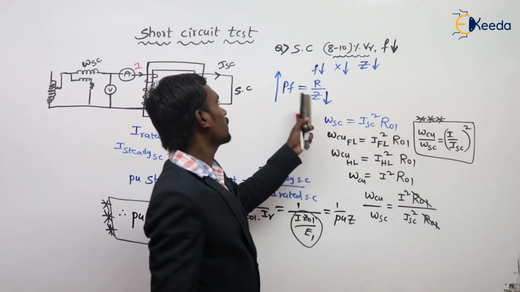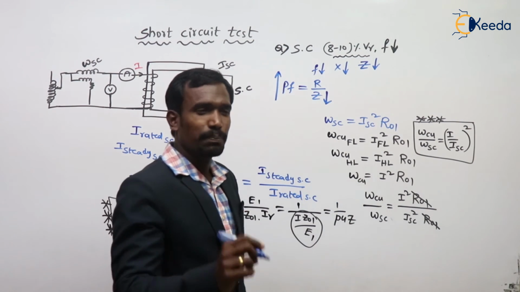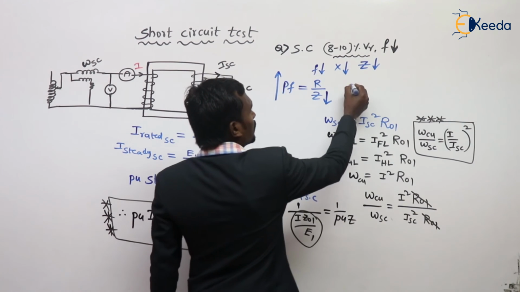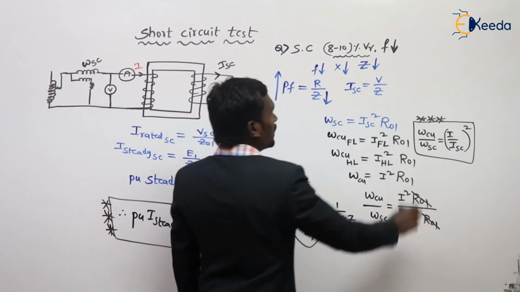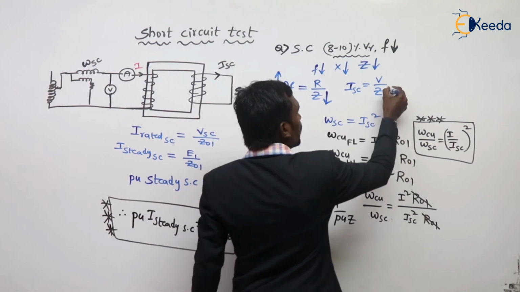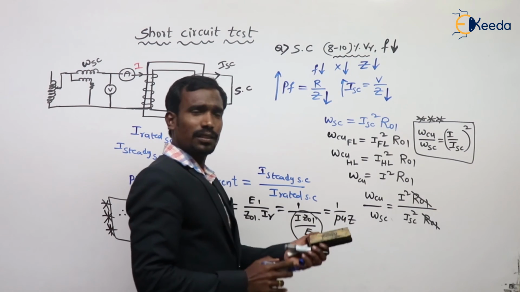One is completed: the power factor. Next one, short circuit current. Short circuit current is equal to V by Z. When impedance decreases, short circuit current also increases.